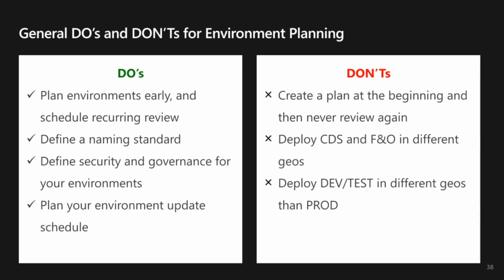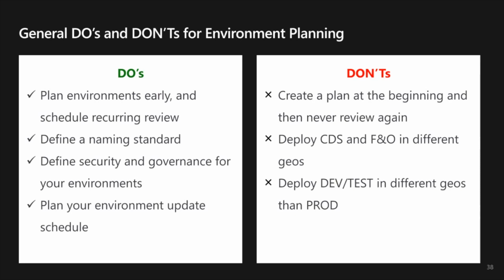It doesn't end after you go live either. Especially if you're new to hosting environments in a cloud hosted environment on your own Azure subscription, we've heard a lot of concerns around cost and so on. Planning regular environment reviews and making sure that you have a good governance process in place can help you control those costs.